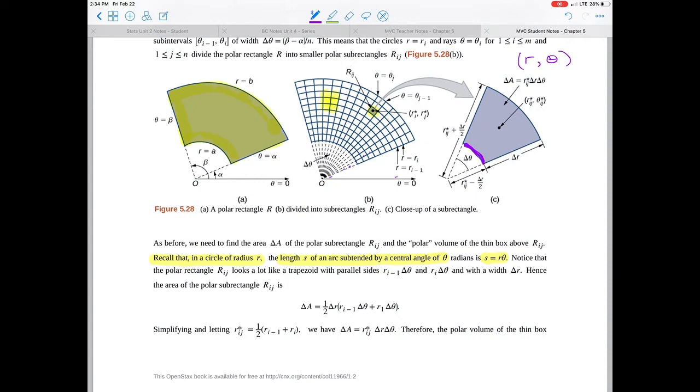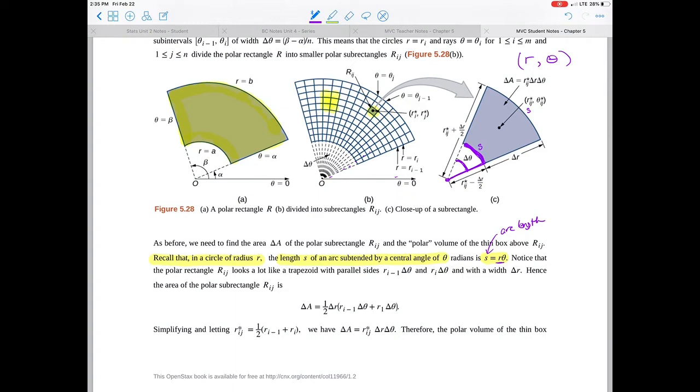And it's defined by how wide of an angle we have and how far out from the origin we are. So S is the arc length, r being the radius out from the origin, and theta is how far of an angle we go. So this is an S value here, and this is an S value here. But we're going to talk about it in terms of r and theta.